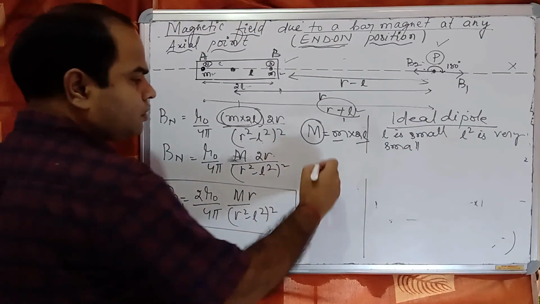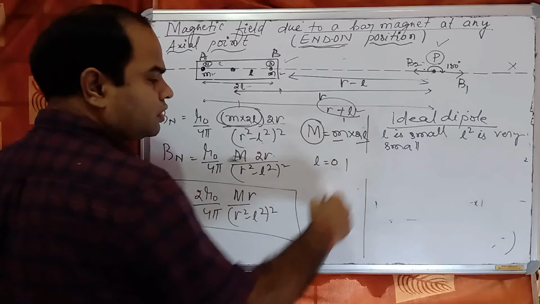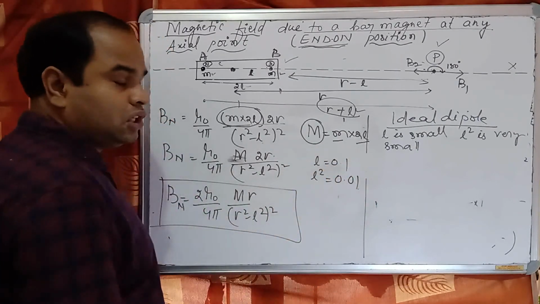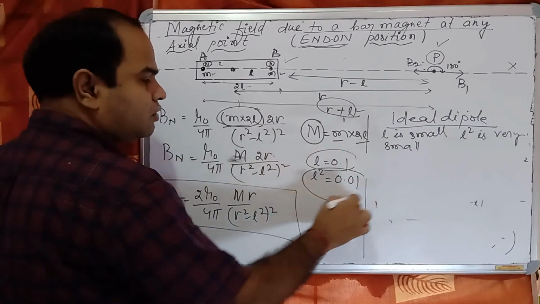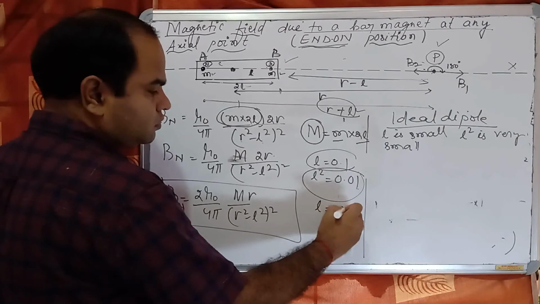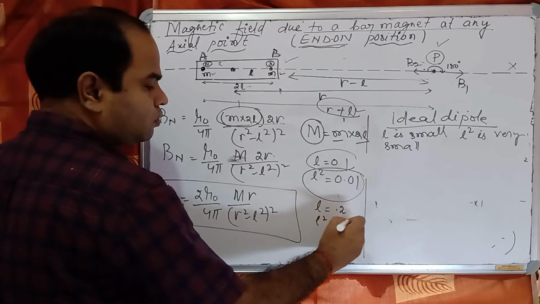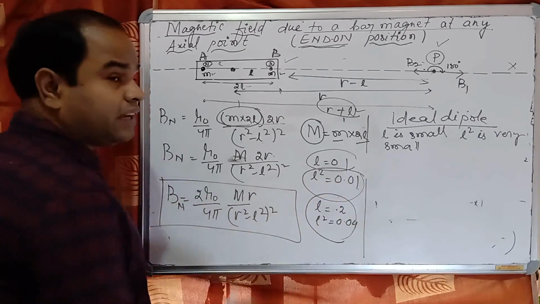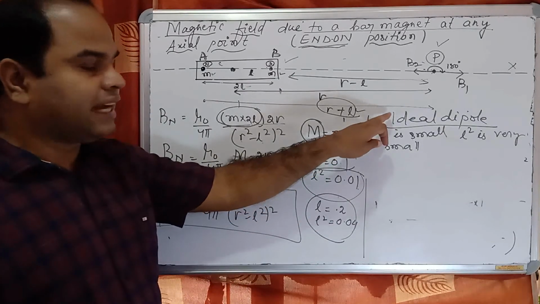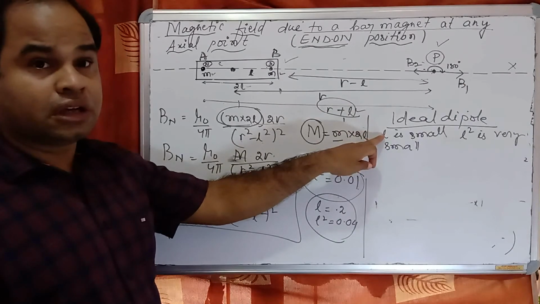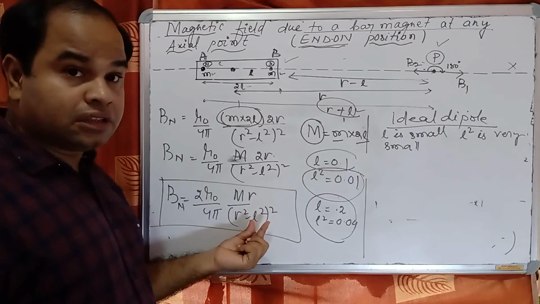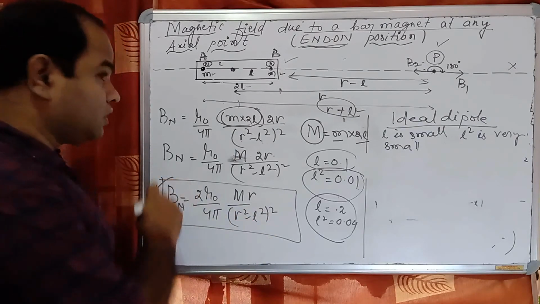Check: suppose L is 0.1, then L square is 0.01. If L is 0.2, then L square is 0.04. So if L is small, L square is even smaller, and we can neglect this term L square in this formula.